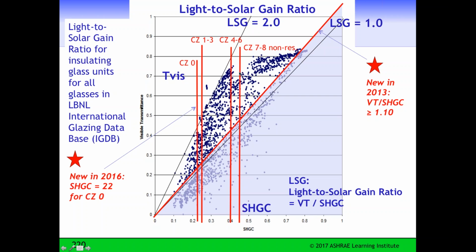You have some limitation on the solar heat gain coefficient in all climate zones. That means that only the glass products to the left of the red line are available for meeting the prescriptive requirements. Again, if you're doing a whole building energy analysis, you can use a product that doesn't meet these prescriptive requirements.